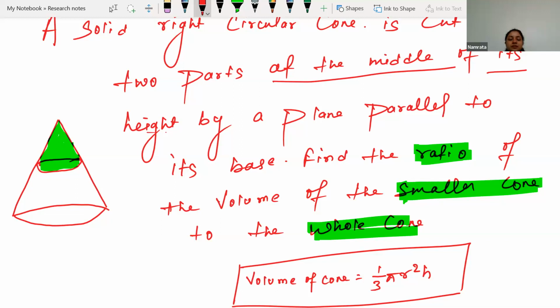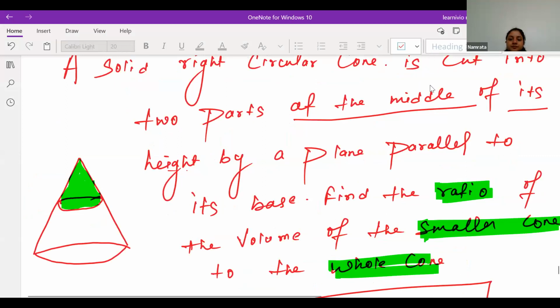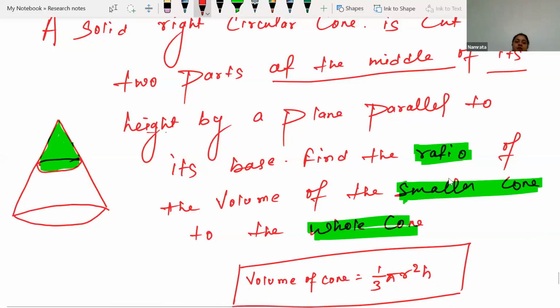Yes, ma'am. So we have to find the volume of the smaller cone, the volume of the bigger cone, and take the ratio, smaller to bigger. Is it okay? So what will be the volume of the smaller cone? 1 by 3 pi r square h.